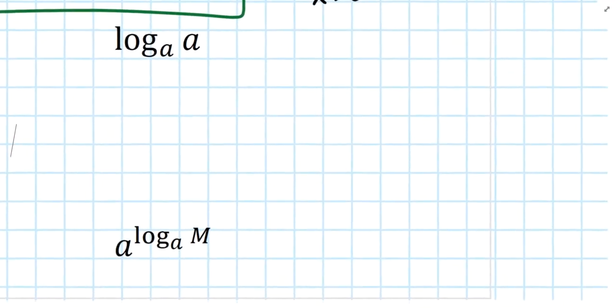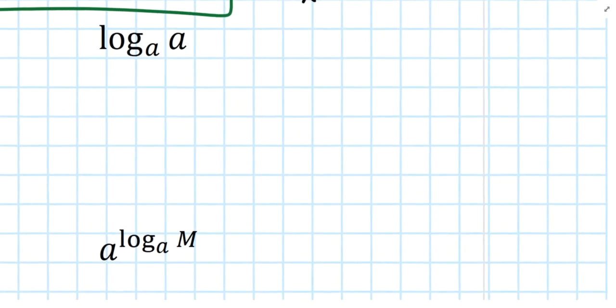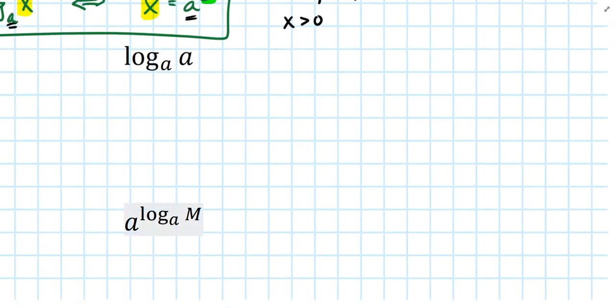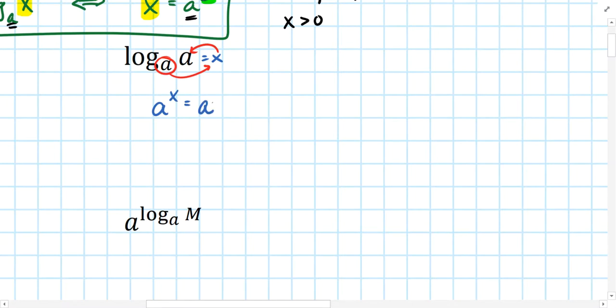Similarly, if we're being asked to find logarithm base a of the same number a, we could treat that as a logarithm equal to x, and use the loop rule to rewrite this as an exponential if you can't evaluate the logarithm on your own. So we now know that a to the x power is equal to a, and any base to some power that equals itself, well, that power has to be 1.